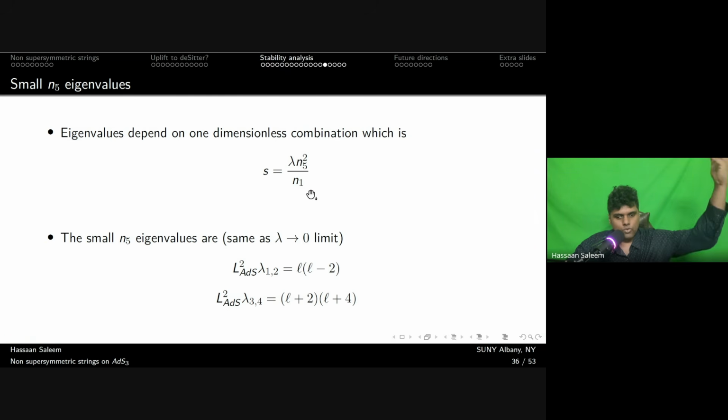And I'm not going to scroll to that slide, but some slides ago, I showed you the expressions for small n1 when I said that there was a problem at small n1, so we need to check the behavior at small n1. So we can use those expressions to write down the small n1 behavior of these eigenvalues. And it's not very beautiful. It's messy, but you can write it down.